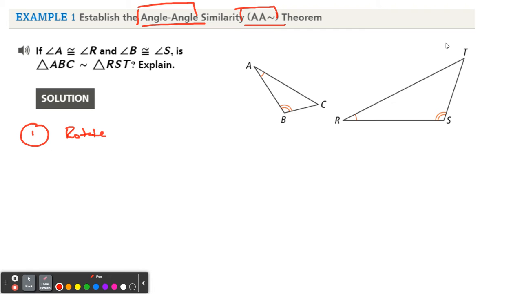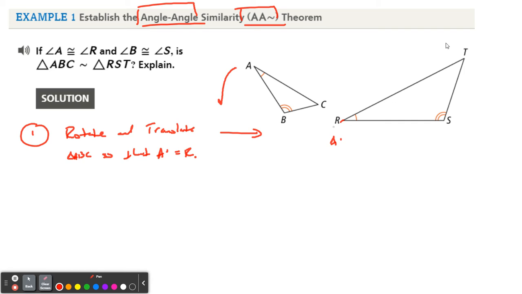So we're going to rotate it this way, and then translate it this way, right? So we rotate and translate triangle ABC so that A prime is equal to R. When you rotate that, R and A prime will be lined up.